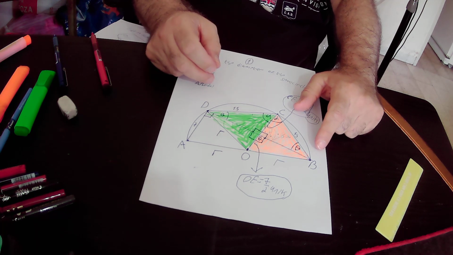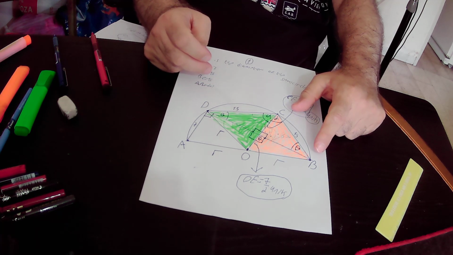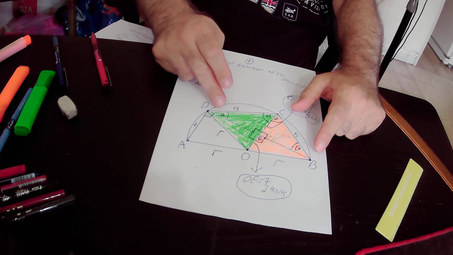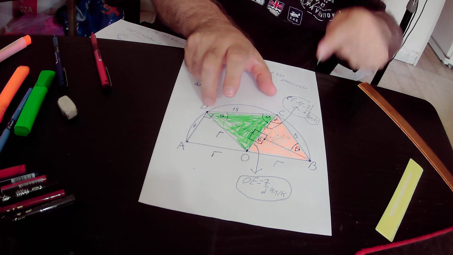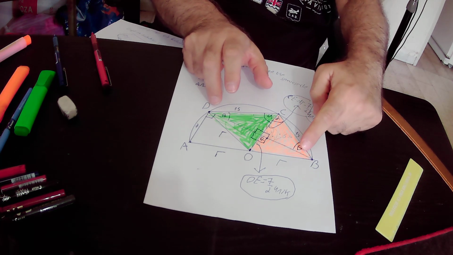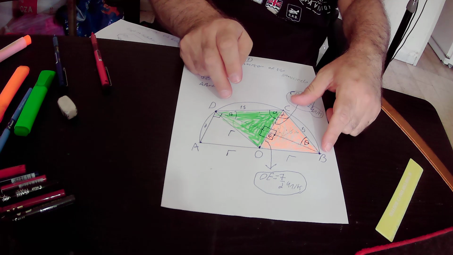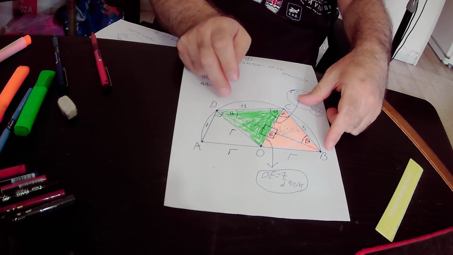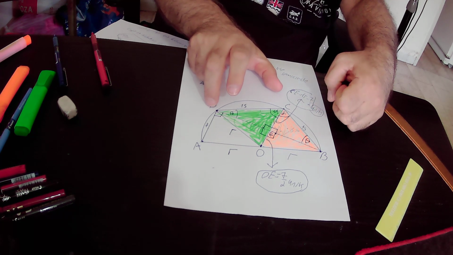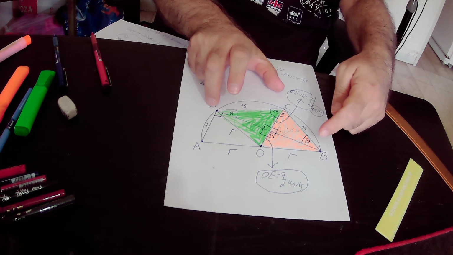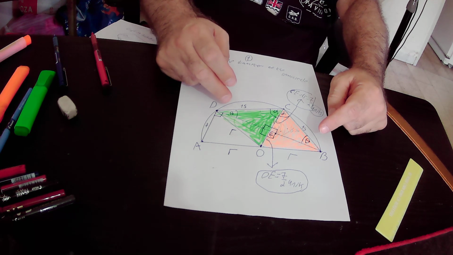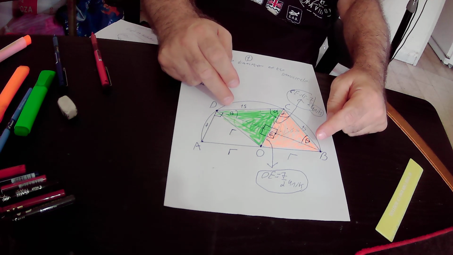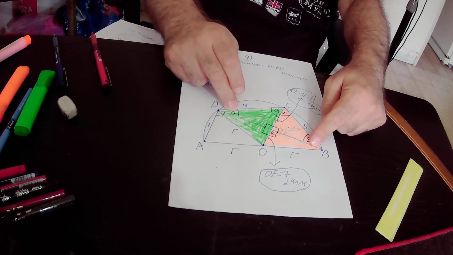So according to rule number 2, in front of this side CB we have angle theta, and in front of this side DC we have angle theta. So according to rule number 2, the angles that are located in front of equal sides are also equal to each other. So those two angles are equal to each other.